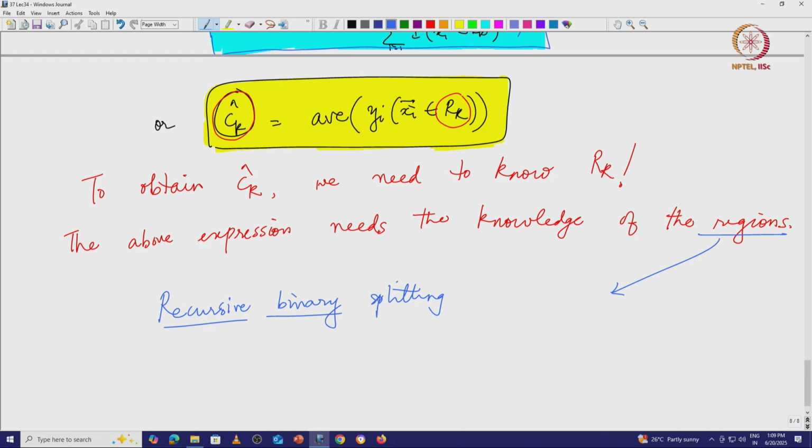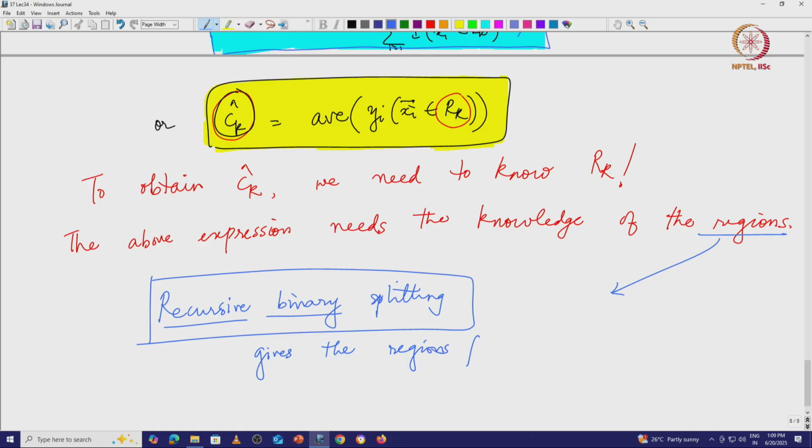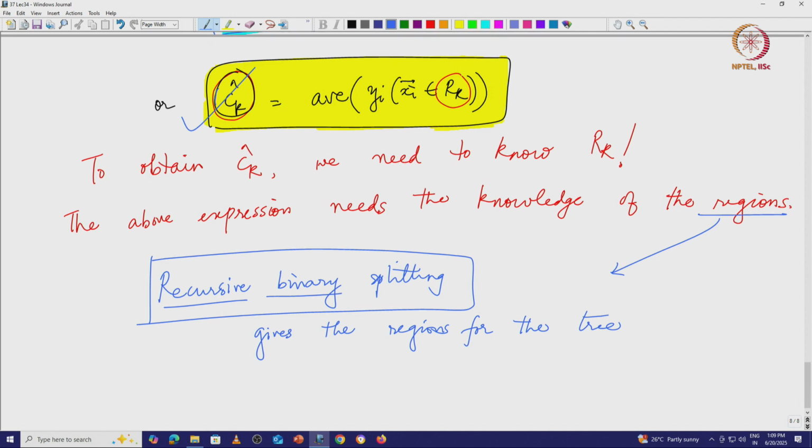So this algorithm called recursive binary splitting gives the regions for the tree, and the equation above gives you how the constants for every region can be obtained.